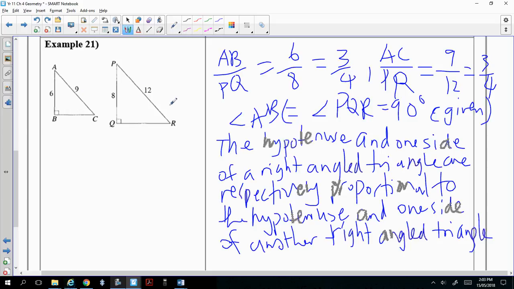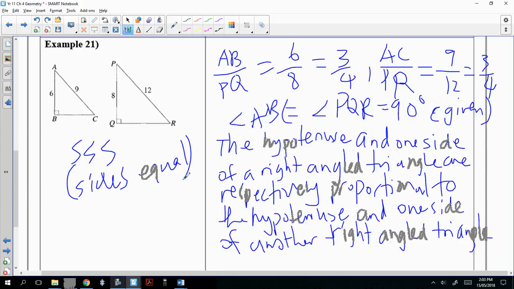You can't use the same thing for similarity. No, you can't because it's a different thing. Because the abbreviation SSS means sides equal. They are not equal. They are in proportion. No, you can't.